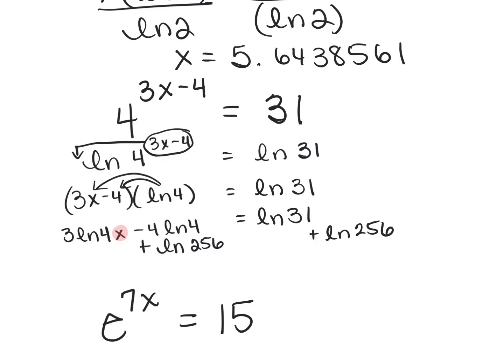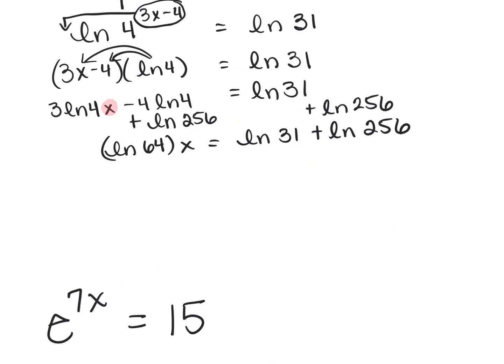And then this front will turn into the natural log of 64, because you can take the 3 up to the 4, and 4 cubed is 64. So we have this is equal to the natural log of 31 plus the natural log of 256. One reason I'm getting rid of those front numbers, this 3 right here and then this 4 here, is because we end up not really sure what to do with them.